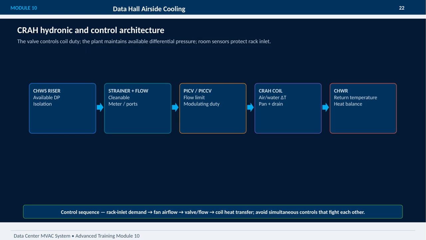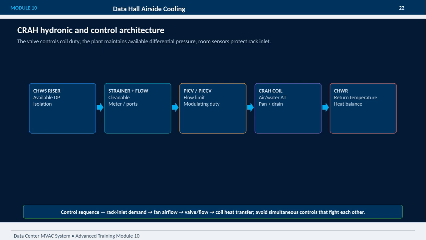We utilize PICV or PICCV devices to limit flow and provide modulating control to match the coil's cooling needs precisely. The CRAH coil itself is designed to maintain an optimal air-to-water temperature difference, incorporating pan and drain features to manage condensate effectively. On the return side, chilled water return temperature is monitored to maintain heat balance and overall system efficiency.